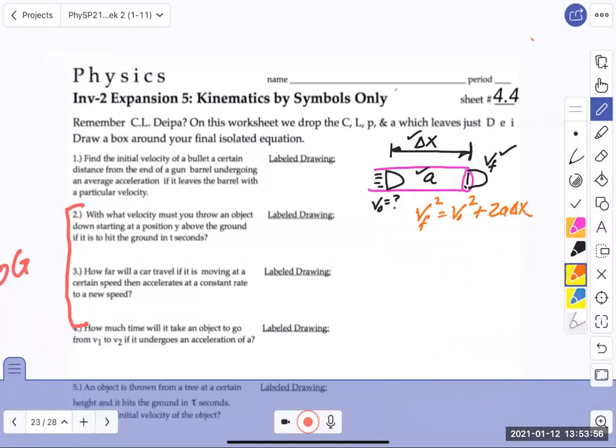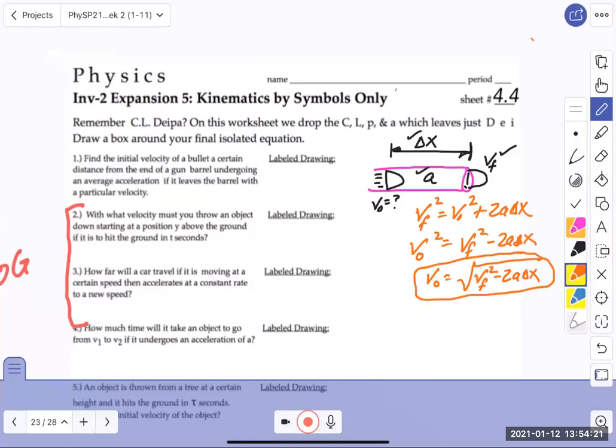Trying to solve for V naught, I mean. So V naught squared is V final squared minus 2a delta x. And therefore V naught is the square root of V final squared minus 2a delta x. Box that in and you're done.